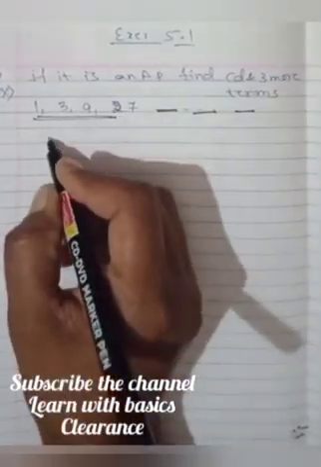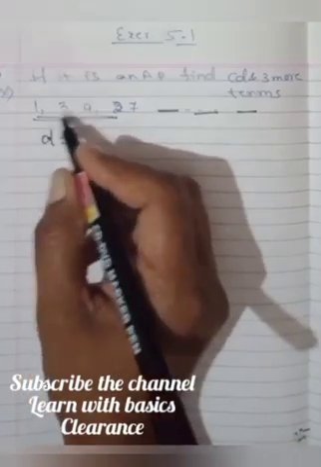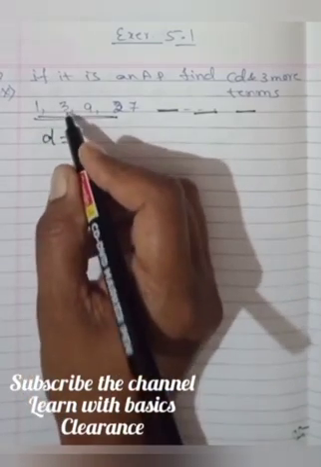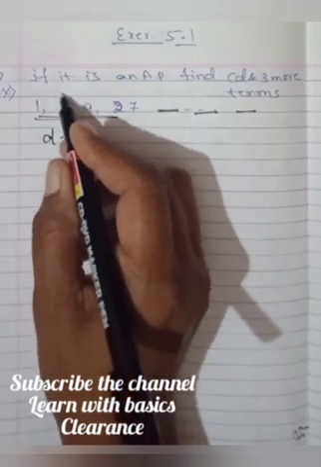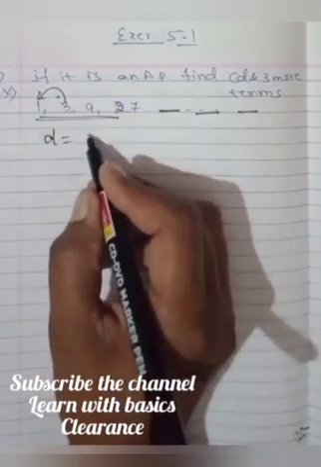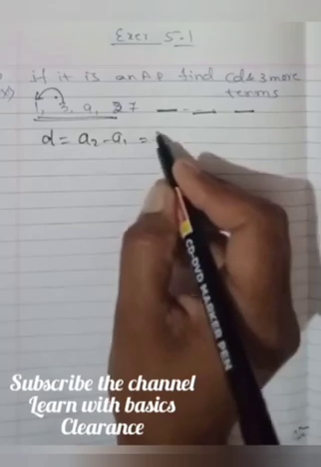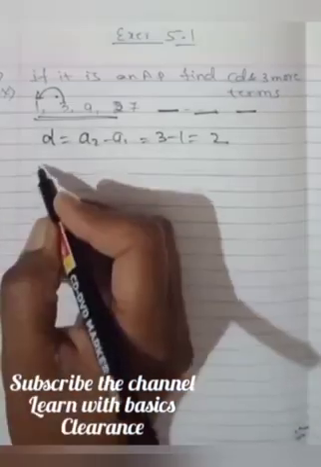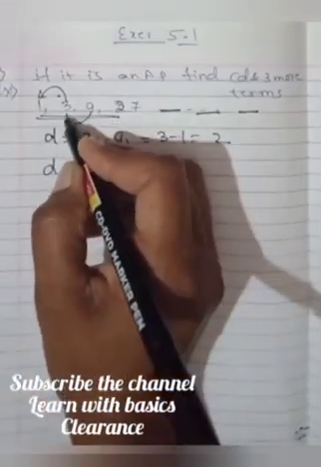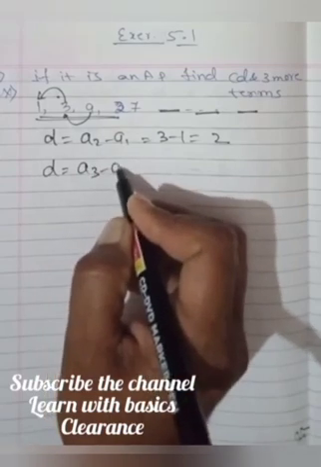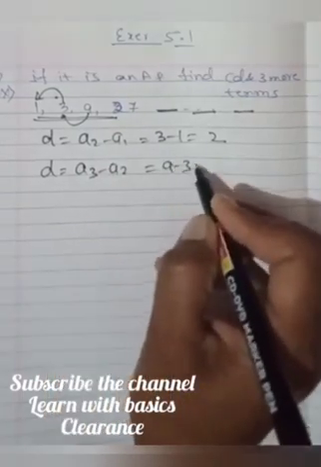That is very simple. You are going to find the difference between the consecutive terms. First difference, we are finding the difference between these two terms, that is a2 minus a1, which is equal to 3 minus 1, which is 2. The second difference between these two terms, a3 minus a2, is equal to 9 minus 3, which is 6.